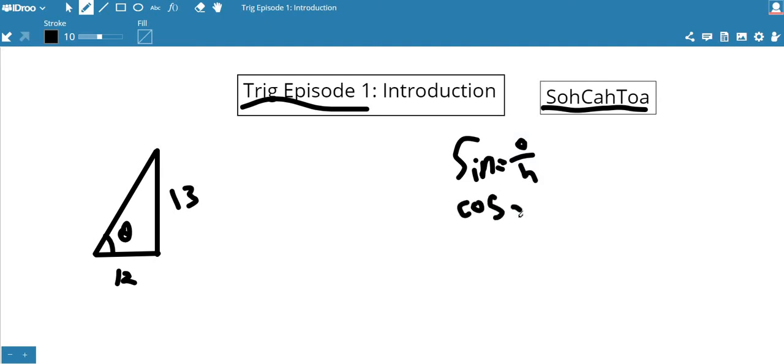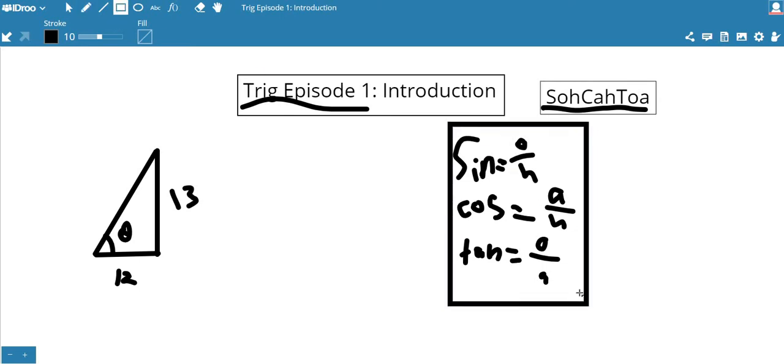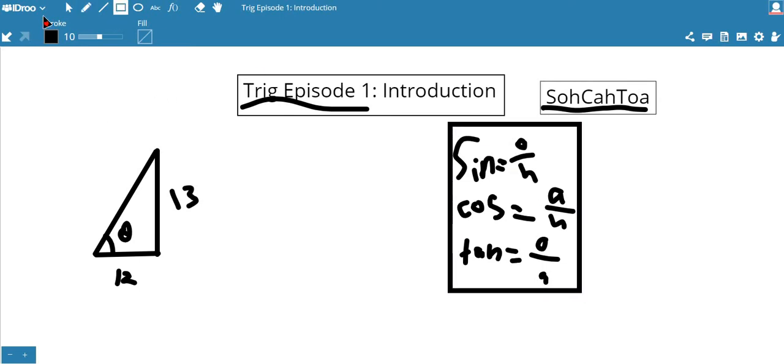Cosine equals adjacent over hypotenuse, and tangent is equal to opposite over adjacent. That is a formula that I want you all to keep in mind. I'll just put it in a box.